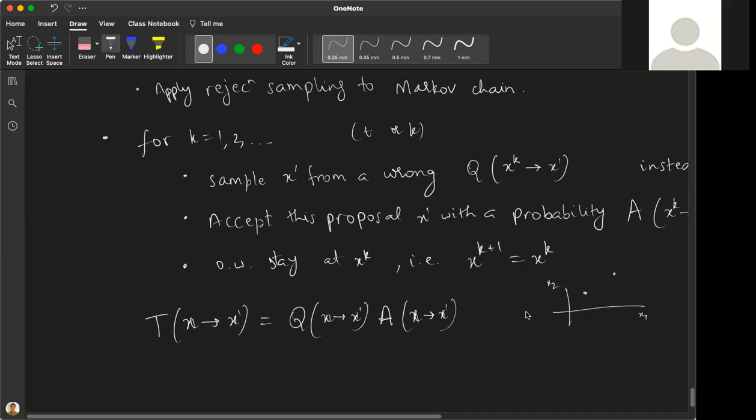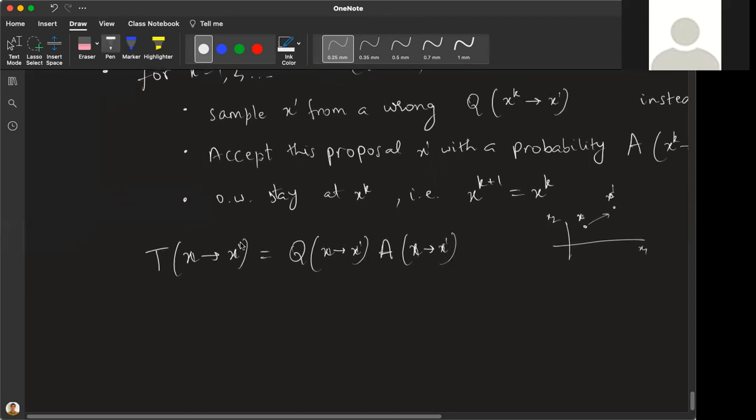So what is the probability that I go from some x to some x dash? First you sample from q, and you're not sampling directly, you're sampling on the chain. So q of x dash given x. And then the acceptance probability, you also have to cross that hurdle. Now, this is true whenever your x dash is not the same as x, because if this is rejected, then you stay back at x only.